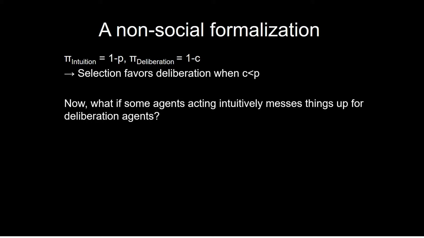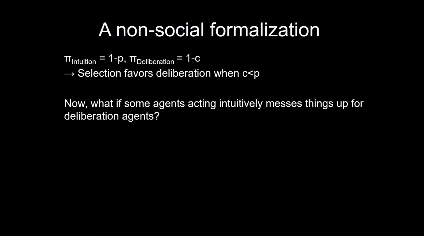But if all these other intuitive agents are going crazy, eating all of the trees, then suddenly it might wind up not being as plentiful as you thought, or vice versa, probably even worse, in a time where food is relatively scarce, and so you say, okay, I should do my careful planning and figure out how much I should eat now, how much I should save for later. If there's lots of intuitive agents running around just eating everything that they can see, that's going to mess up your calculation and cause you to not consume the right amount. So that's one way that basically the calculations of the deliberative agents can be messed up by the presence of intuitive agents.